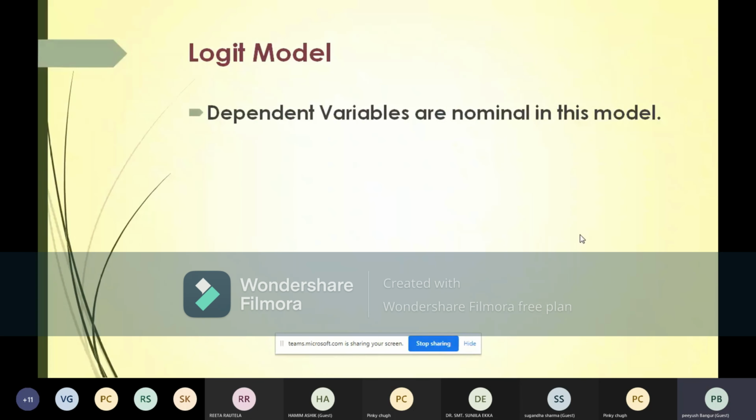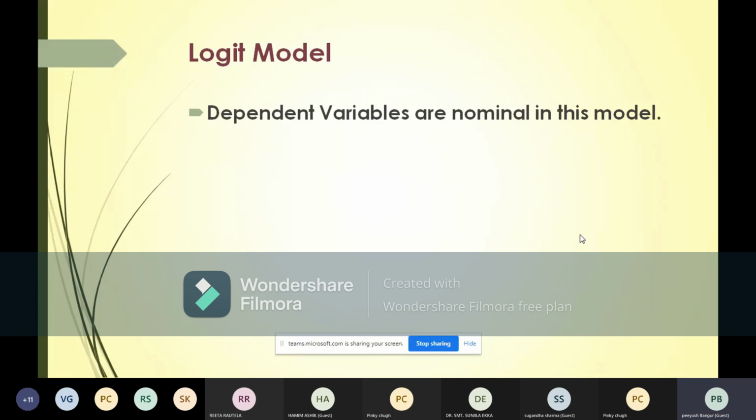The dependent variable is nominal in this model. That means if you are collecting data in the form of 0, 1, 0, 1, like you want to understand the marital status of a society, then you can put the dependent variable on a nominal scale, like 1 for married and 0 for unmarried.